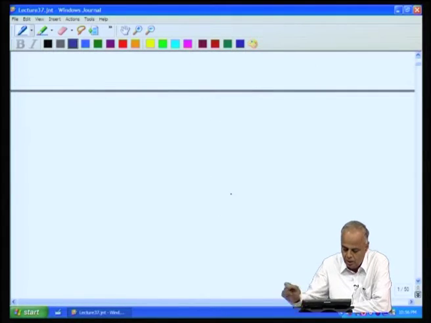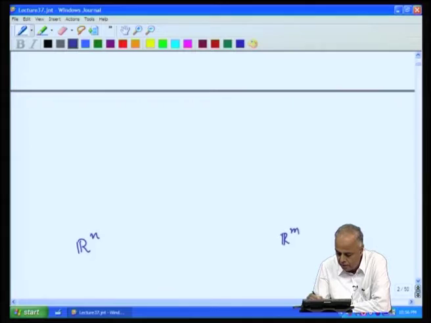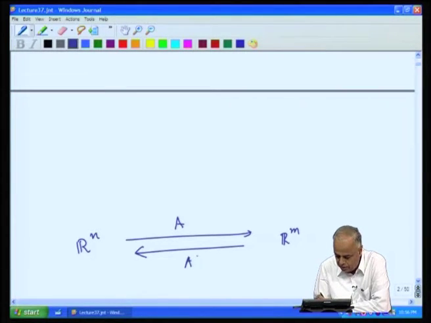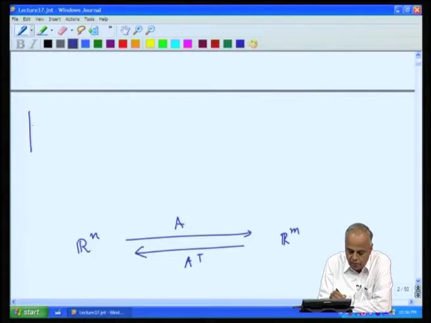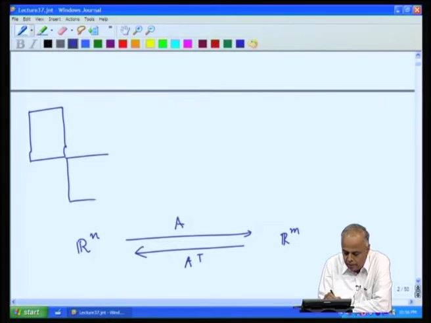If we look at the R n side and the R m side, and we have A going this way and A transpose going this way, in R n the fundamental decomposition corresponding to the matrix A was the 2 orthogonal spaces, null space of A and the range of A transpose.